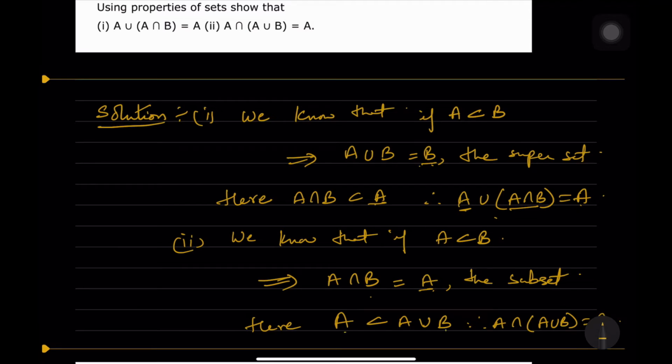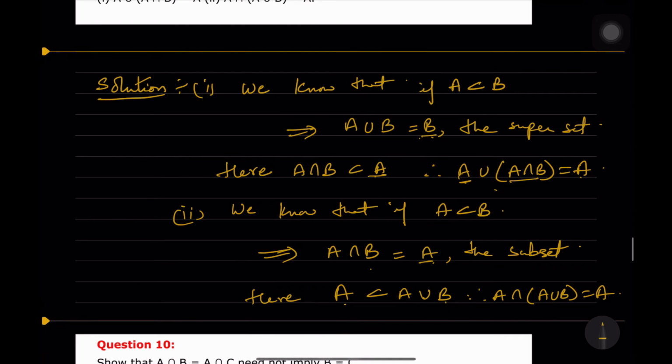So therefore A will definitely be the subset of A union B, or B also can be the subset of A union B. Therefore you are having that A intersection of A union B will be nothing but A, the smaller one. Whenever we are taking intersection, union is the bigger one, and intersection the smaller one. So therefore A intersection A union B is equal to A is the answer.